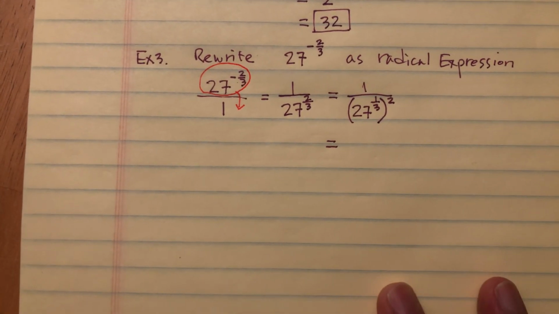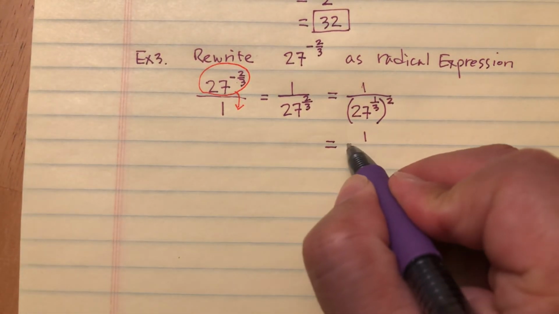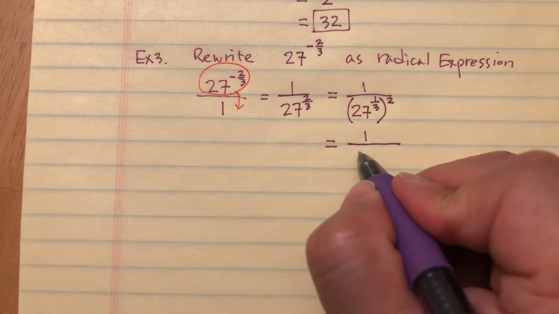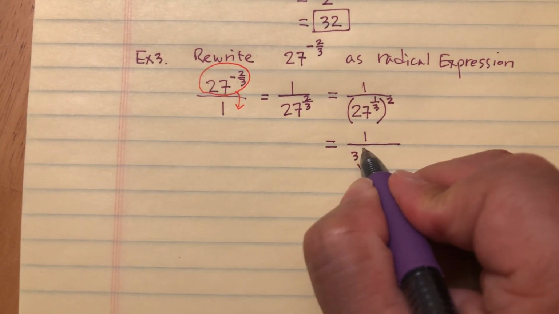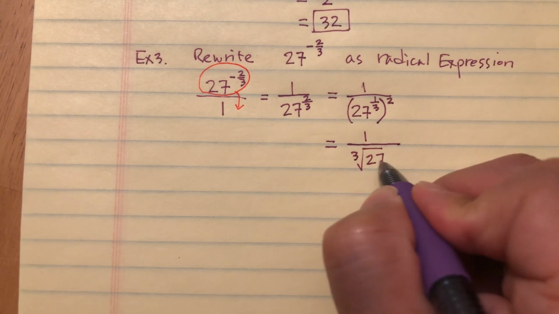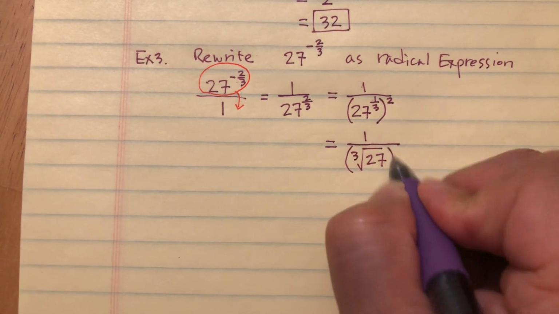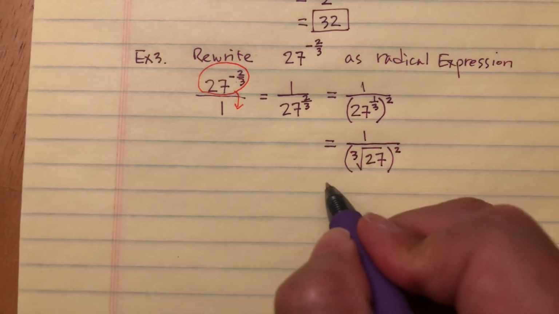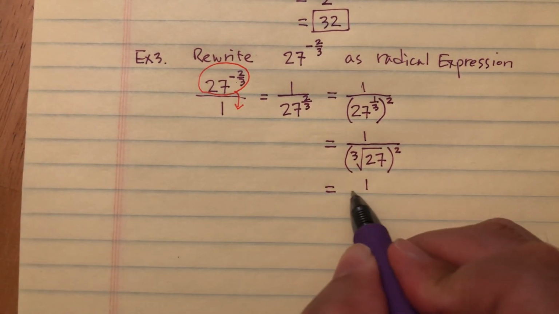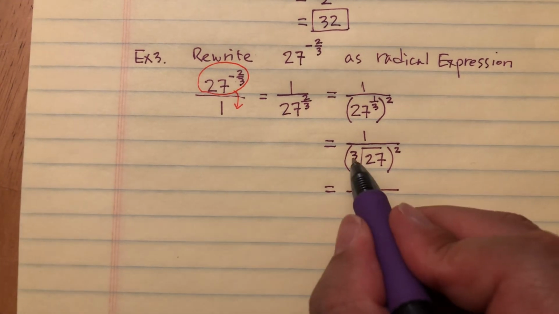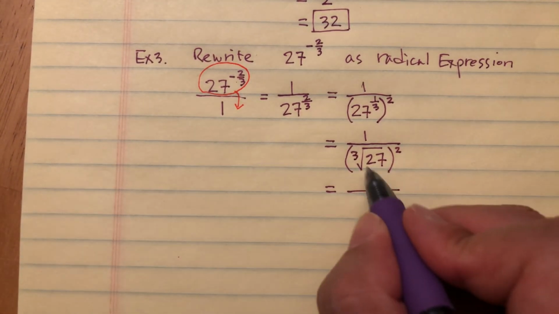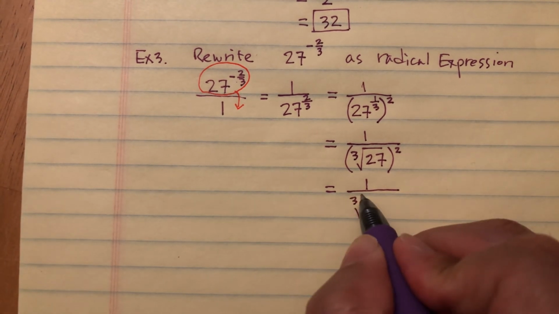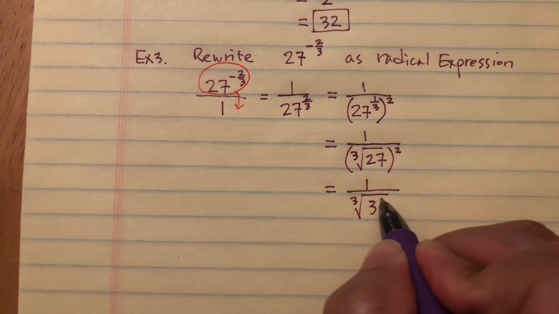And then we can keep on going with this. So then 1 over, isn't 1/3 the same thing as cube root of 27, right? And the whole thing to the 2nd power. Yeah? And then 1 over the cube root of 27, I know 27 is 3 times 3 times 3, so can we make this 3 to the third power?